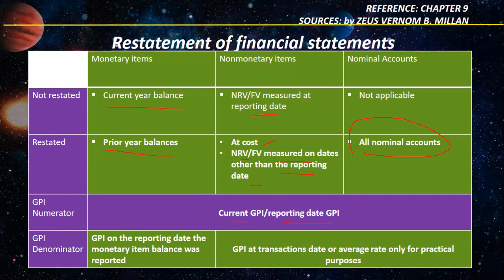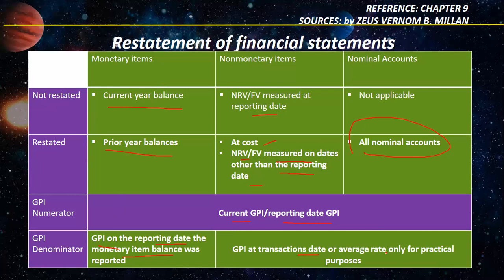What would be the denominator for monetary items? For monetary items, we have the GPI on the date the monetary item balance was reported. How about for non-monetary items? We have the GPI at transaction date. That's the first priority.